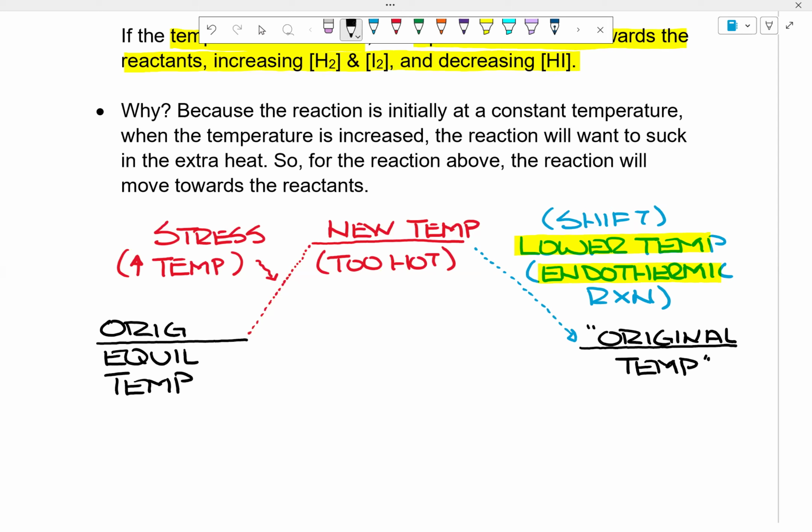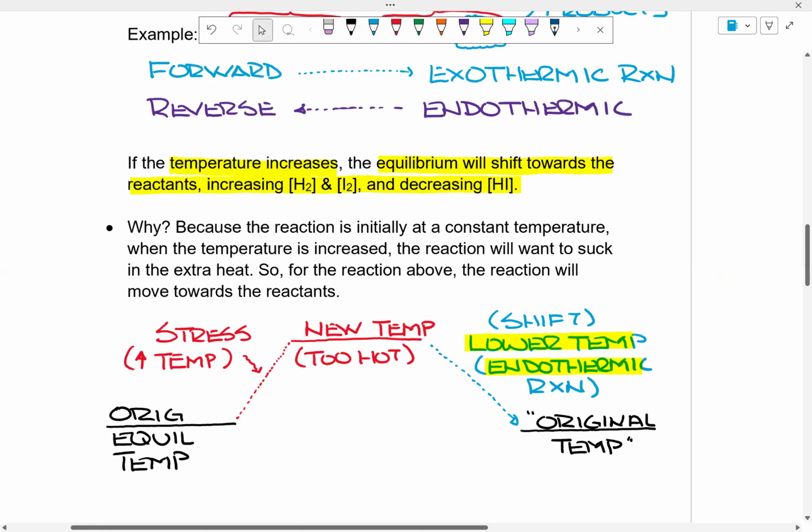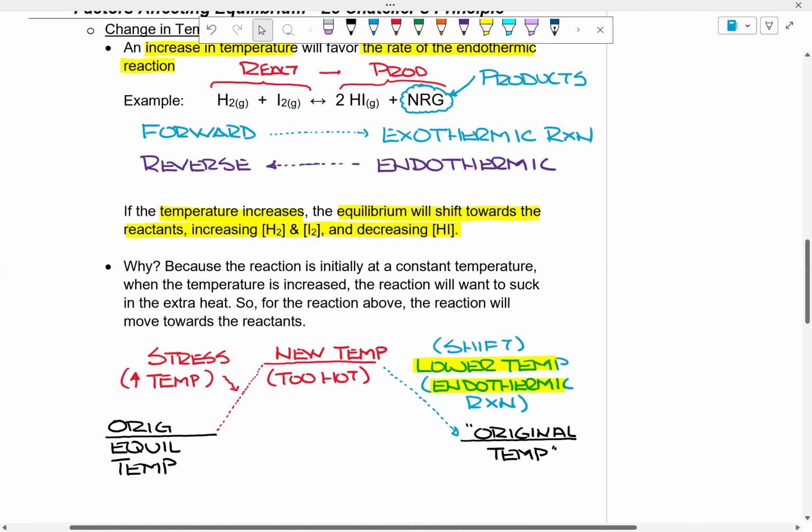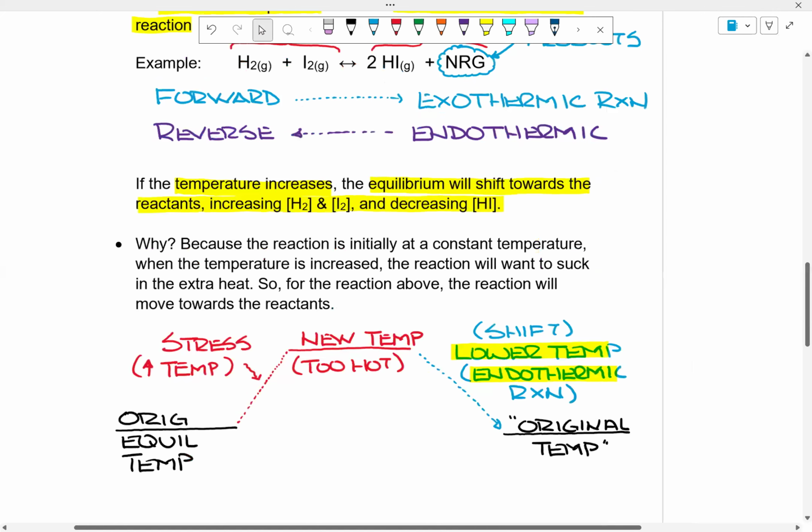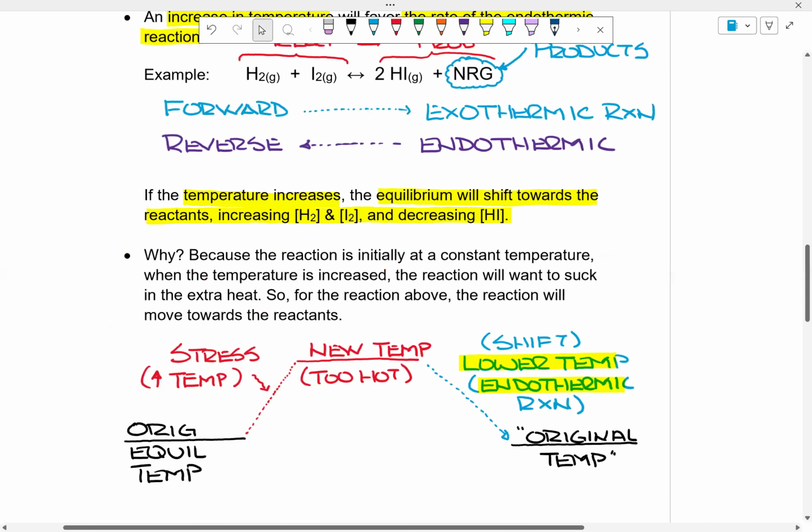It would be an endothermic reaction. So that's why, when the temperature increases, it will favor the reactants because you need to lower that temperature, which is the endothermic reaction.